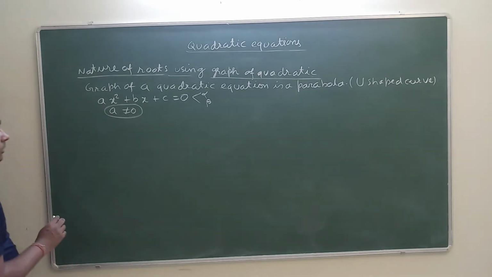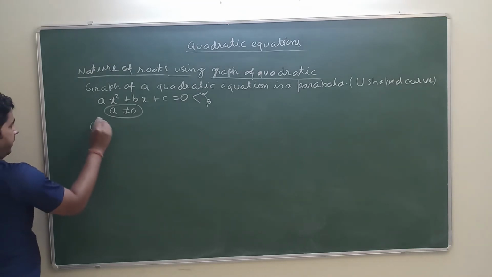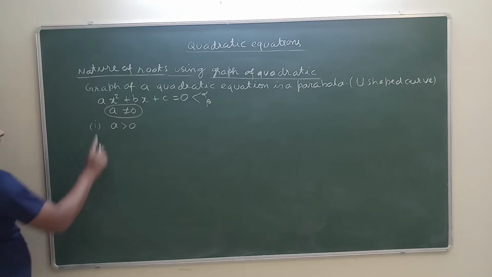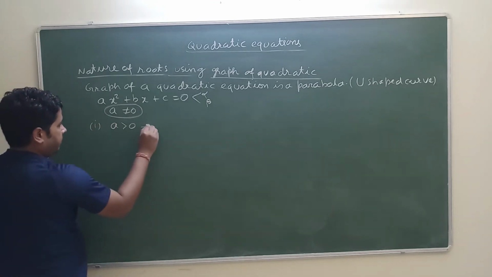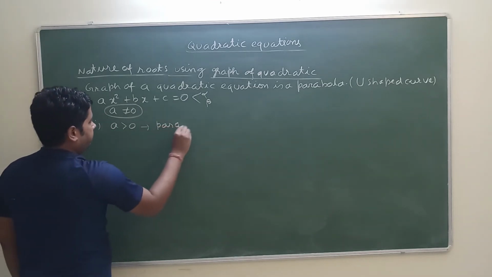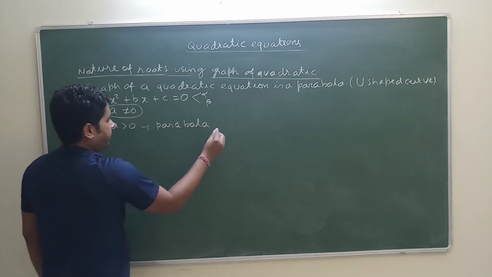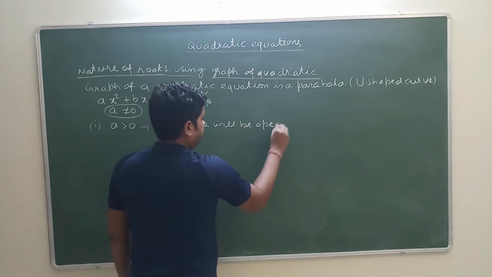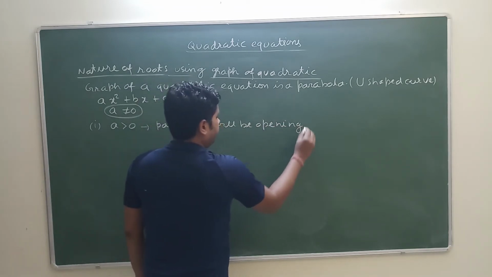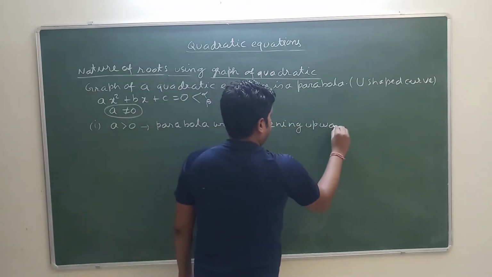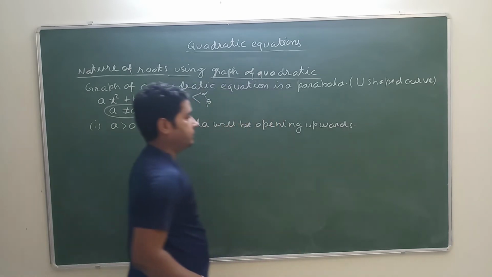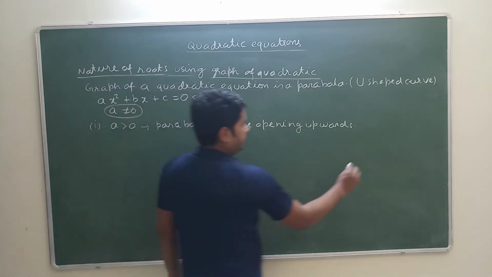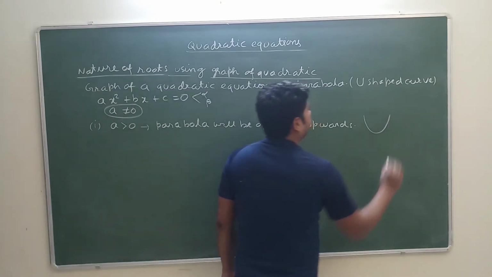Also, you need to understand one thing: if this a is positive, then the parabola will be opening upwards. Means for this situation the graph will be like this.